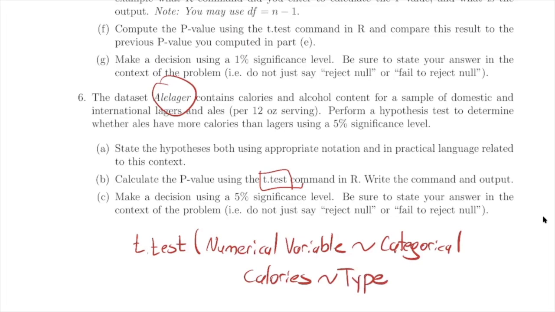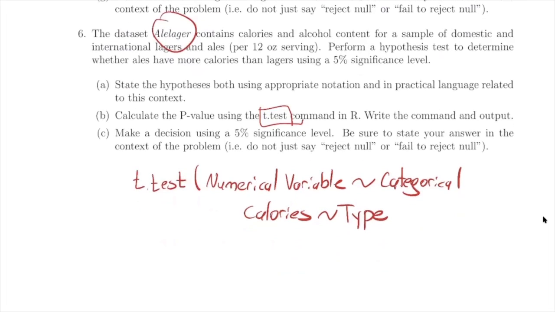Yeah, so you would enter this, then you enter the data set. So you would say data is AL logger, and then any other things that you might need to adjust. I don't think you would need to adjust the null hypothesis because it's going to assume that it's 0. So that's fine.